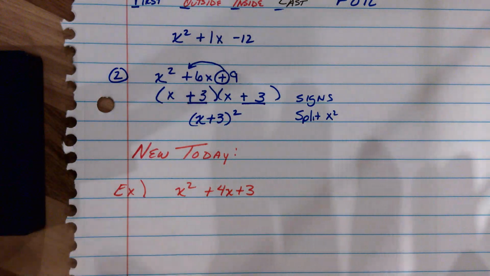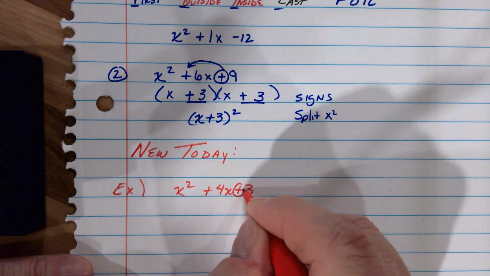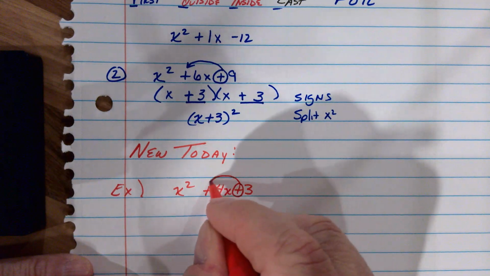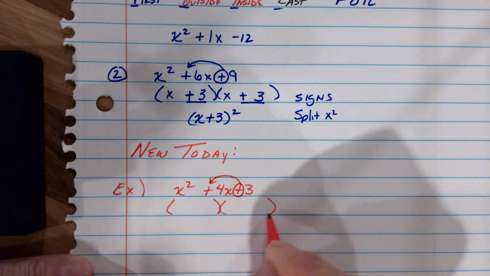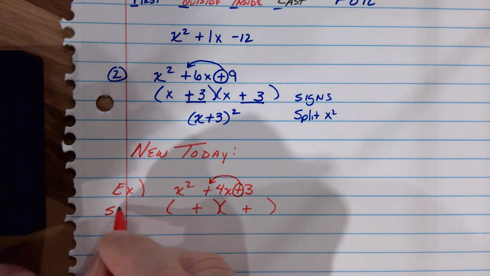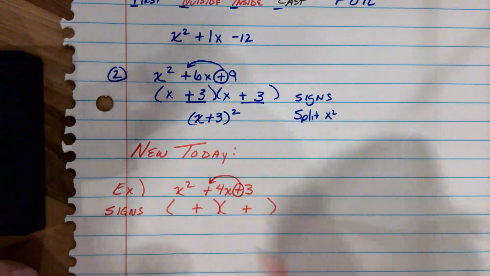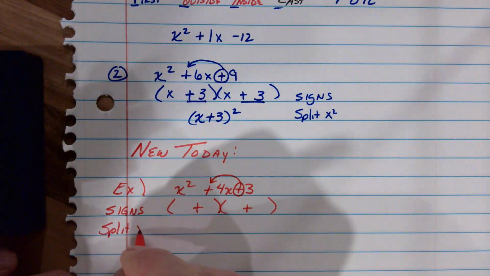Same thing. I'm still going to play red light, green light. This is a green light, a plus sign, which tells me to go on to the middle, and it's going to give me the sign both places. So the first thing I'm going to find is the signs, just like always. I'm going to split x squared.